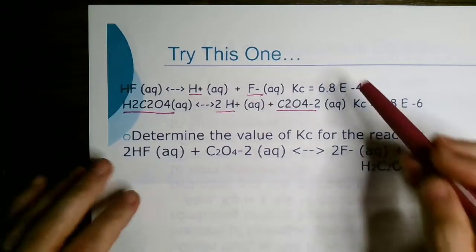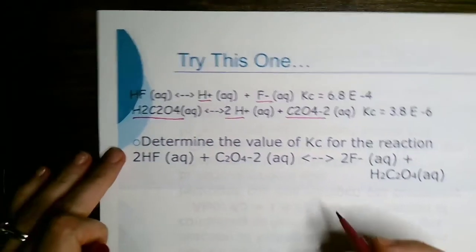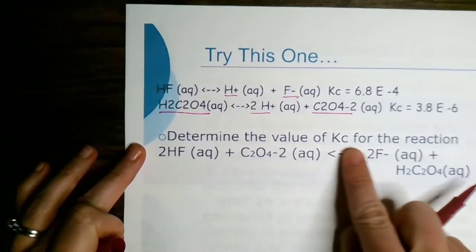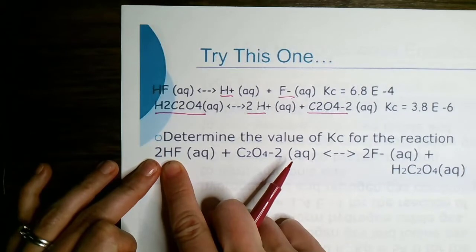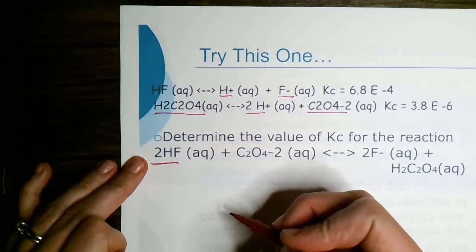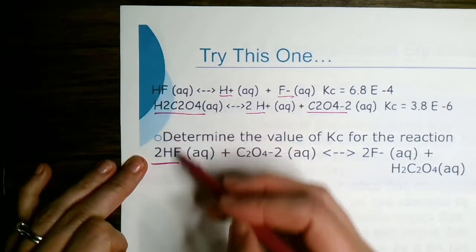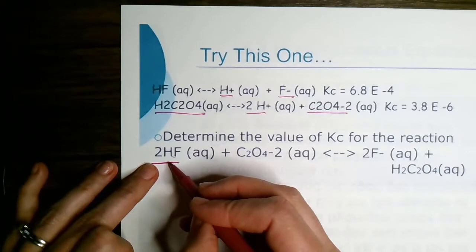We're given Kc's for both. Here are our 2 elementary reactions. And I want to determine the value of Kc for the reaction of 2HF. All right, so I'm just starting with what I'm given here first. Well, I like that HF is on the left side of the equilibrium sign, on the left side of the arrow.